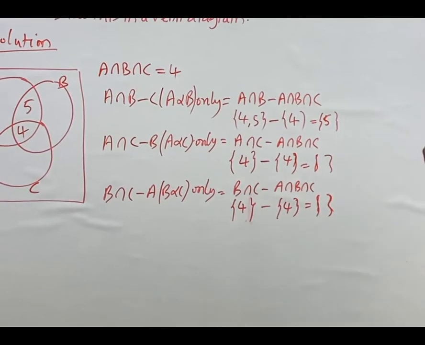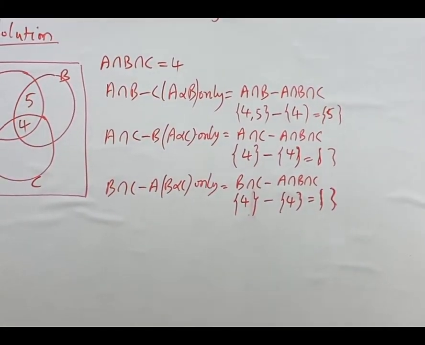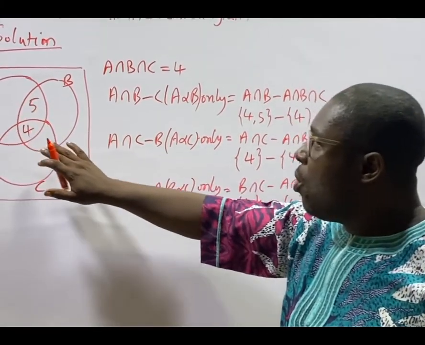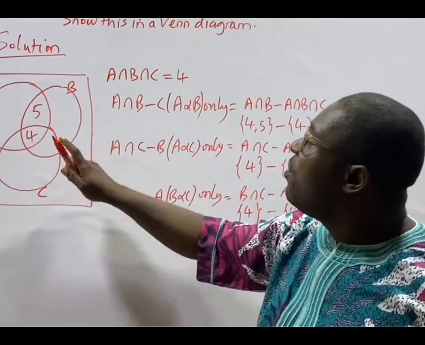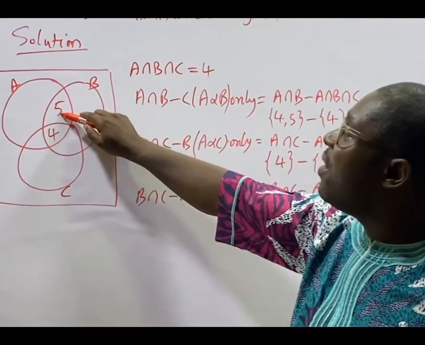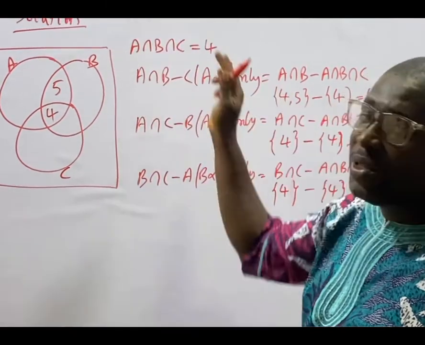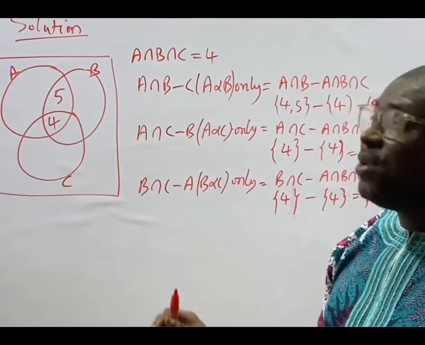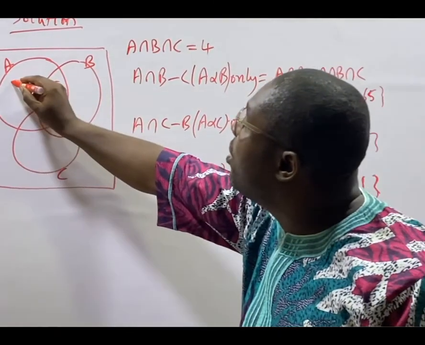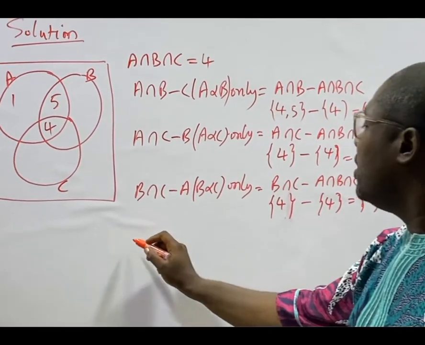Now, how do we know what to be A only? For A only, look at A up here. We've already taken 4 and 5 out of A. What's now left in A? 1. So 1 will be in A only.